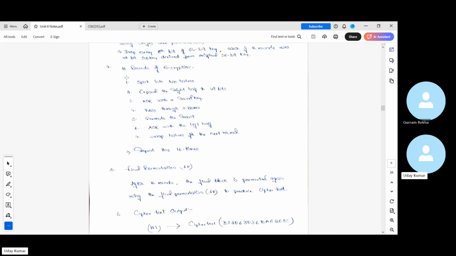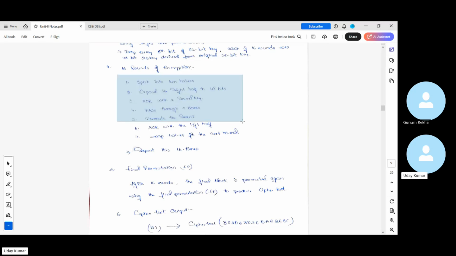And the 16 rounds are actually explained in 7 steps. So first you split those 64 bits into 32, expand the right half to 48 bits, XOR with the round key, pass through the S box, permute the result, XOR with the left half, swap the halves, that is left and right will be swapped.